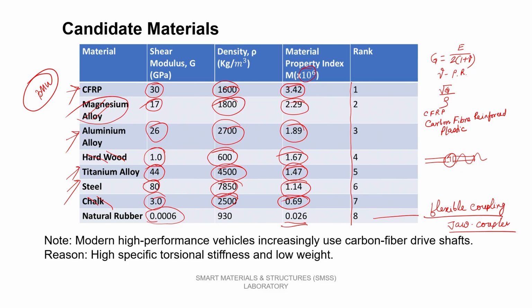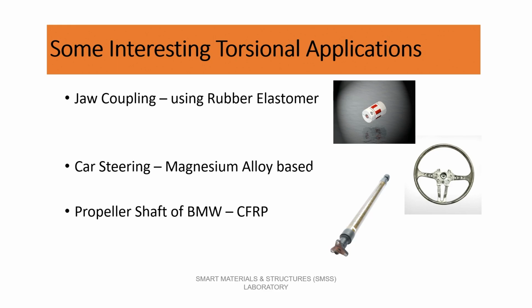Okay. So, now, this is what I was telling you, that for torsional applications the jaw coupling with the rubber elastomer is a distinct possibility. Magnesium alloy is not used, I told you, for torque transmission, but it is true that it has good shear resistance, and hence it is used for car steering, which is not subjected to a dynamic condition.